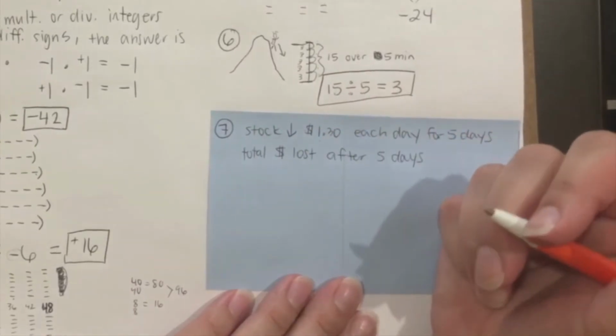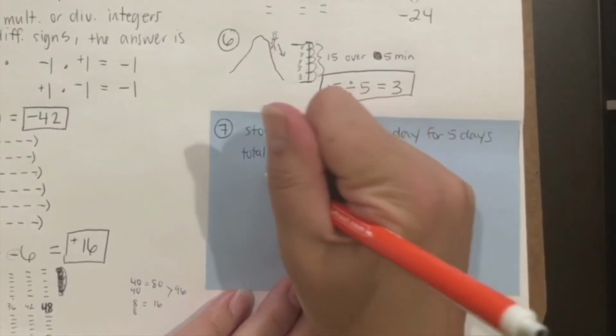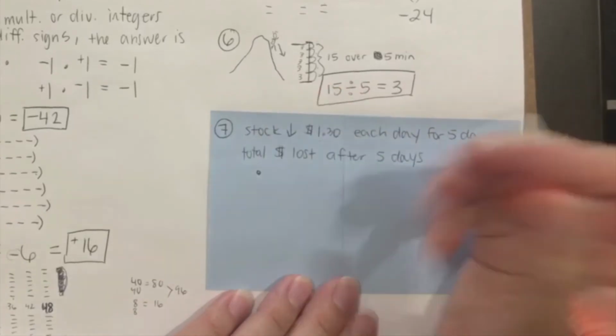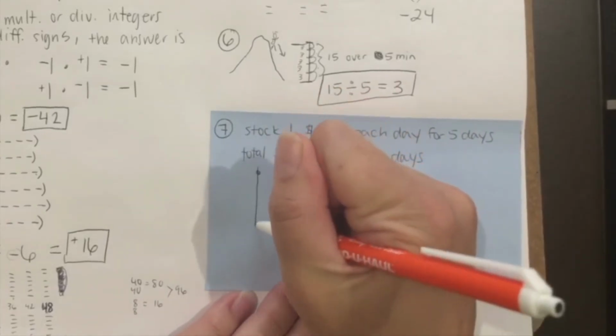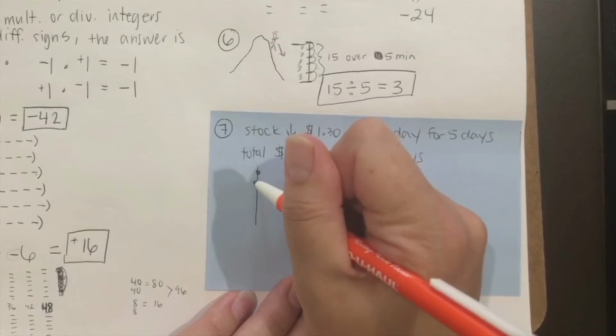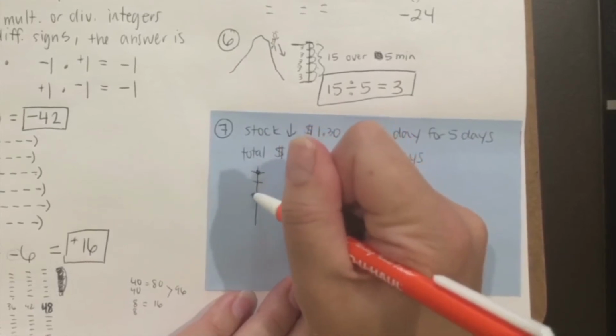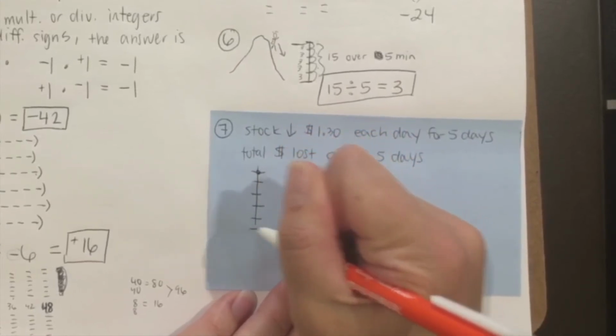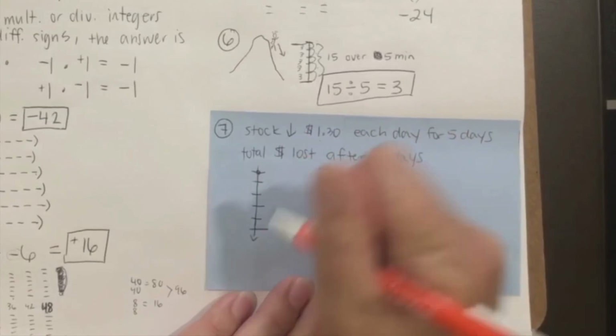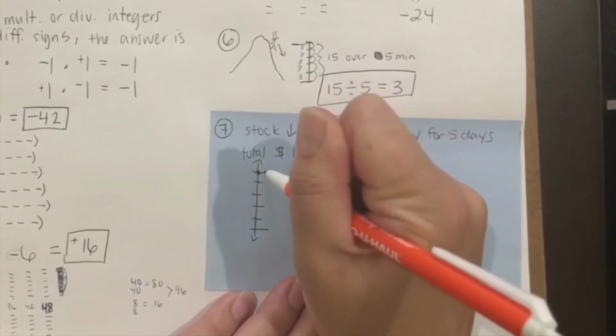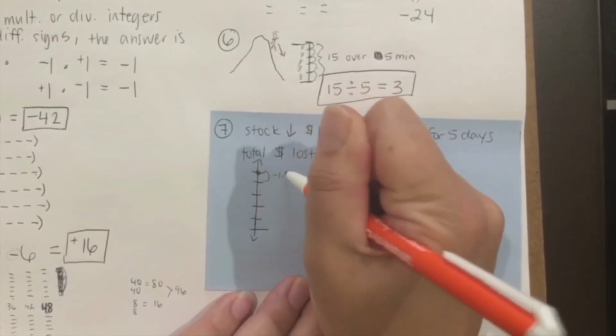So we can represent this as, let's say we start at a certain point and we go 1, 2, 3, 4, 5 days. And we're going down. And we're going down $1.30.